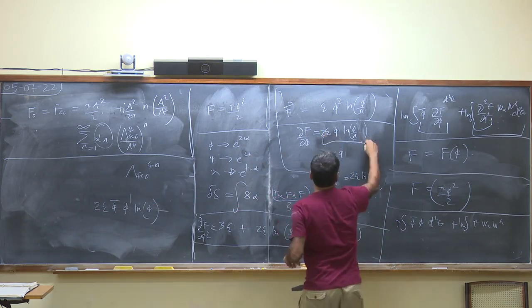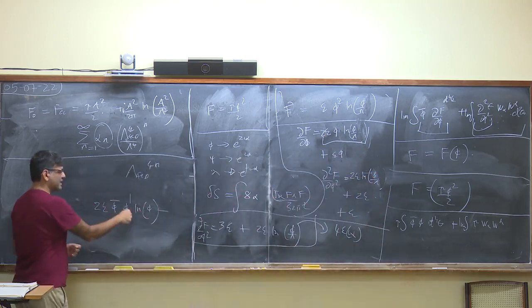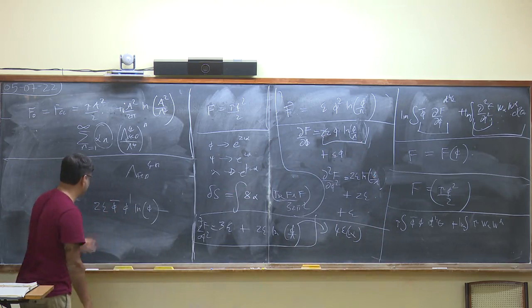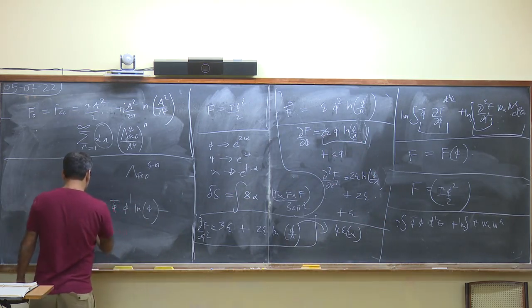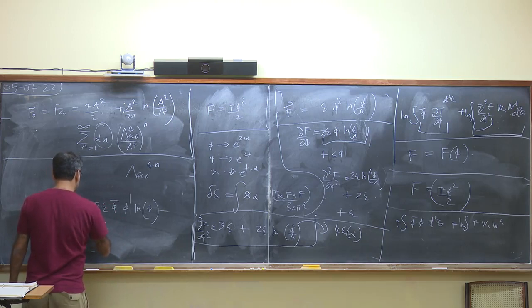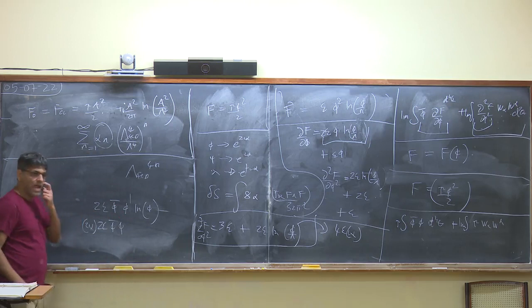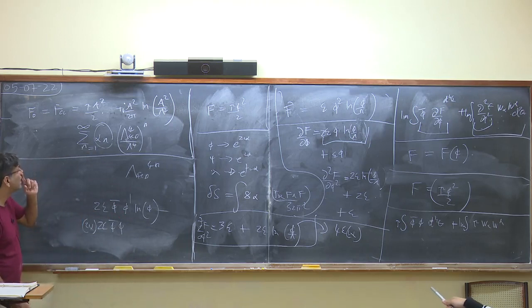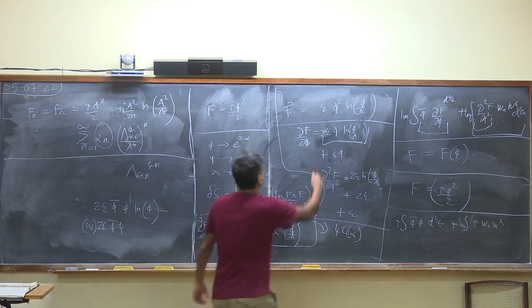Under this, this guy and this guy's transformations cancel each other. That's the usual story. This guy picks up a 2 zeta, then 2i alpha, phi bar phi. Zeta itself is imaginary. There you go, so put the zeta inside.